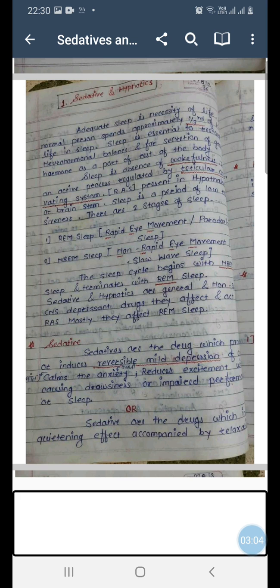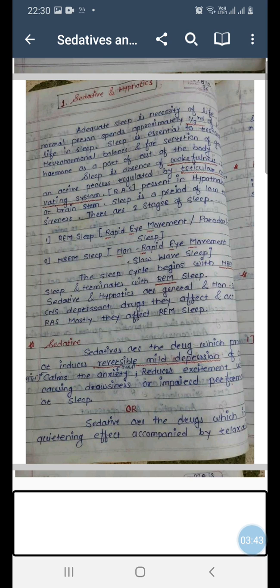Sedatives are generally used to reduce excitement, to calm an individual, to reduce aggression, or to reduce exaggerated activity of the brain. In such situations, you will prefer to use sedatives. While hypnotics are strong CNS depressants, they compulsorily bring about sleep in the user; in other words, hypnotics compel the user to sleep.